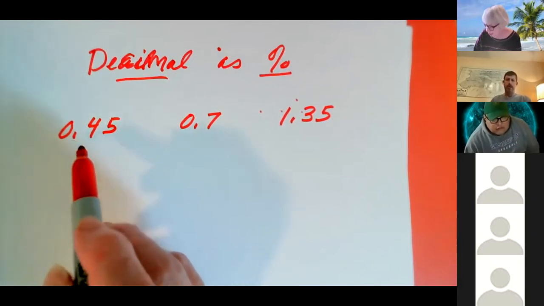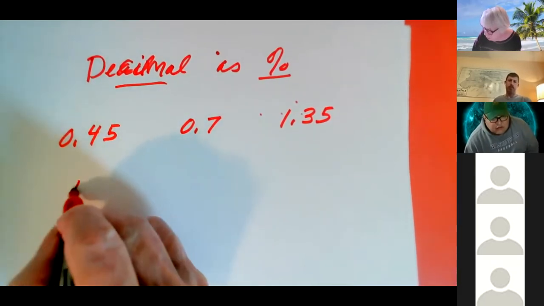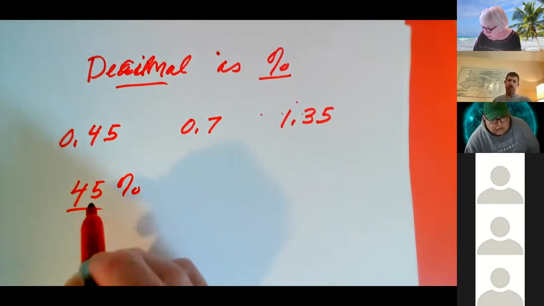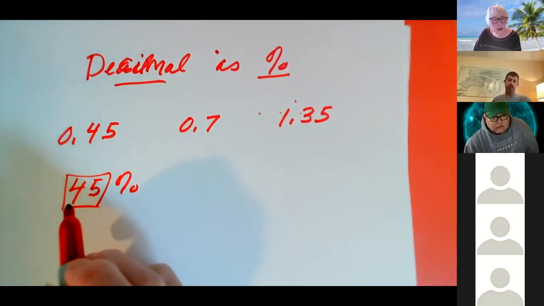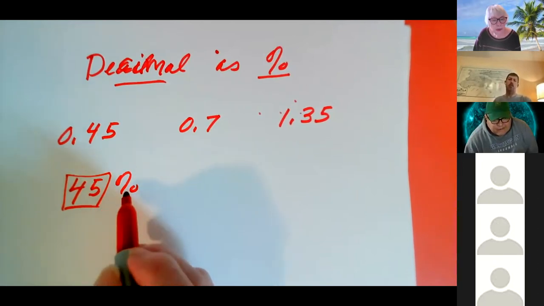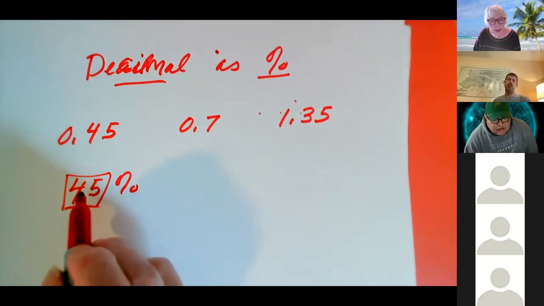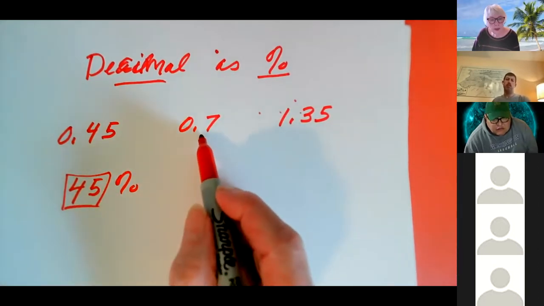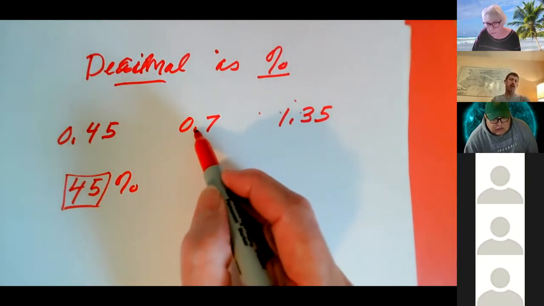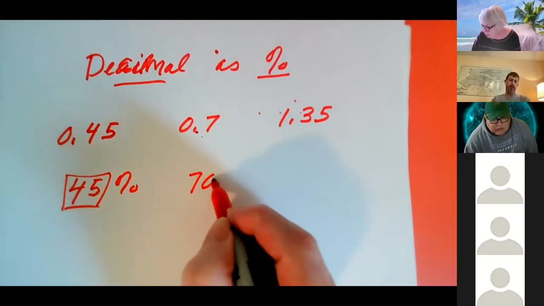Exact reverse, right? 45. 45. And they'll probably expect you to put 45 in here, and they'll probably have either a percent symbol or the word percent there. And so don't insert it here because I think they'd get confused. How about this one? 70. 70 it is.